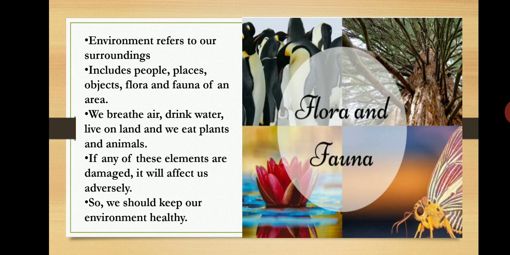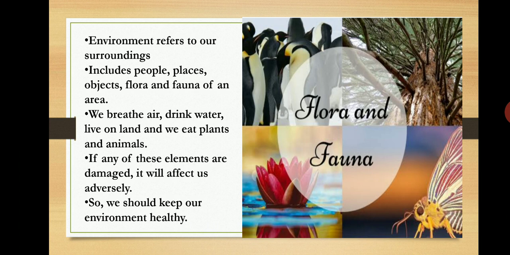We breathe air, we drink the water, we live on land, and we eat plants and animals. So all this will be included in our environment. And if any of these elements are damaged, what will happen? It will affect us badly. What does the word adversely mean? It means badly.